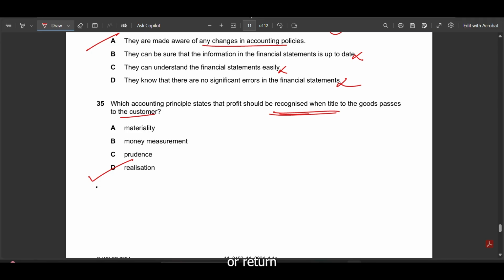If it's a sale or return basis, in that case we have to wait for a confirmation from the customer. So in this case, the direct answer is option number D. Material, money measurement, prudence, they are not talking about, this is nothing related to realization over here. So the right answer is D.